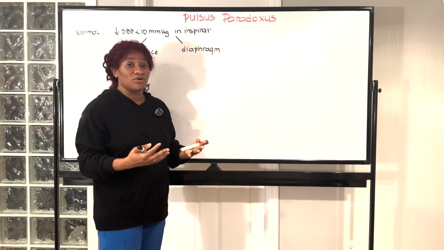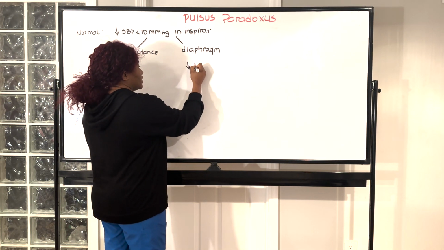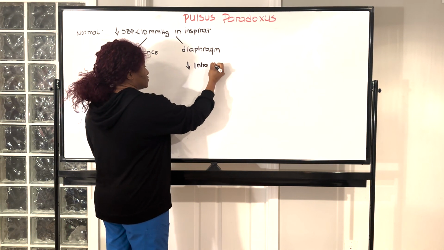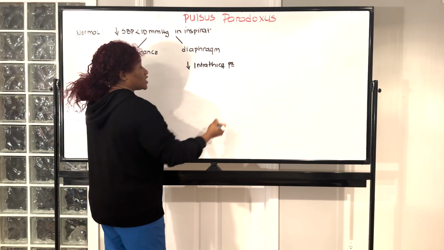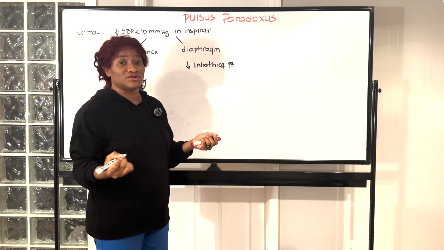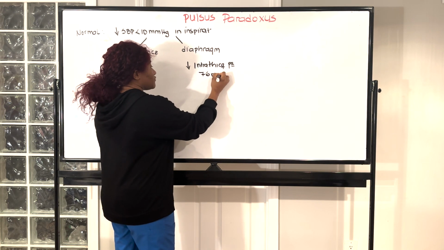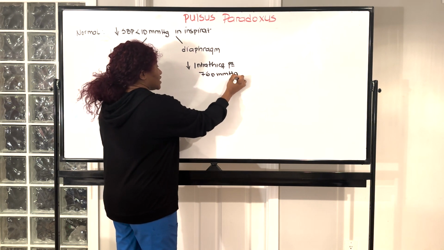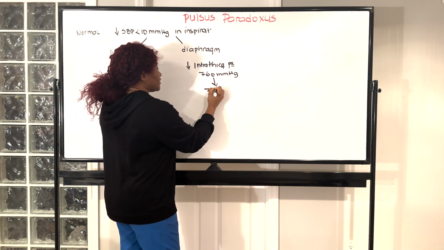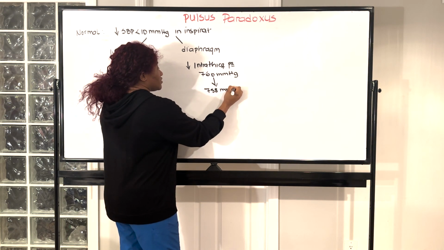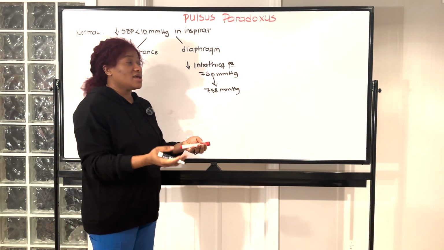So during the normal inspiration, we have a drop in our intrathoracic pressure in relation to our atmospheric pressure. So let's say our atmospheric pressure is 760 millimeter of mercury. If inside our thorax we have a pressure of 758, the air is gonna move in to equilibrate the pressure.